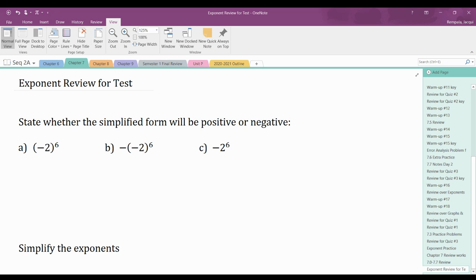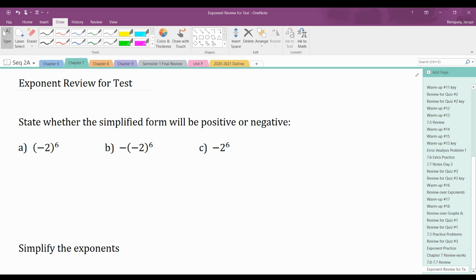Okay, so in order for us to determine that, we really have to understand the rules of parentheses versus no parentheses. Okay, in part A, if I have -2 in parentheses raised to the power of 6, the fact that the negative is in the parentheses tells us that if I was to do my repeated multiplication, my base is -2, and it's going to have to stay in the parentheses.